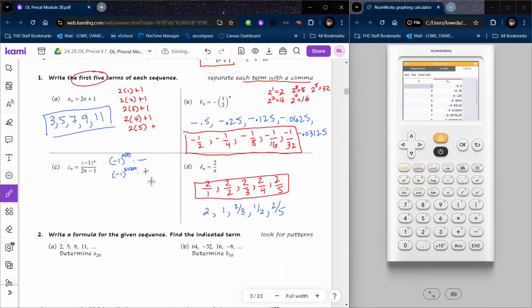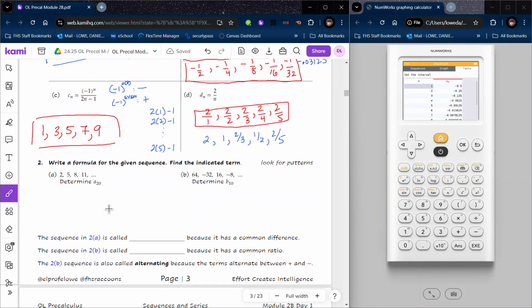If I start my counter at 1, 2 times 1 minus 1, then I could go 2 times 2 minus 1, all the way to, if I want 5 terms, 2 times 5 minus 1. So what does that mean for me? My first terms of my sequence are going to be 1, 3, right? And it looks to be that I'm adding 2 each time. So 5, 7, and then 2 times 5 minus 1, 9. So there's my terms.